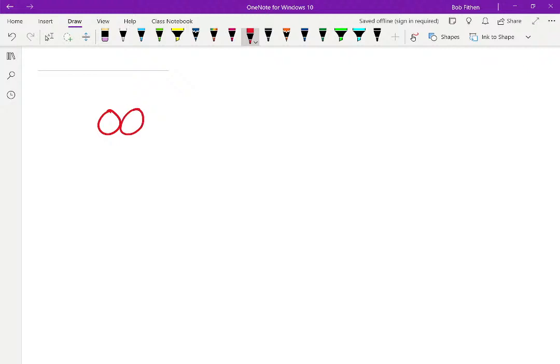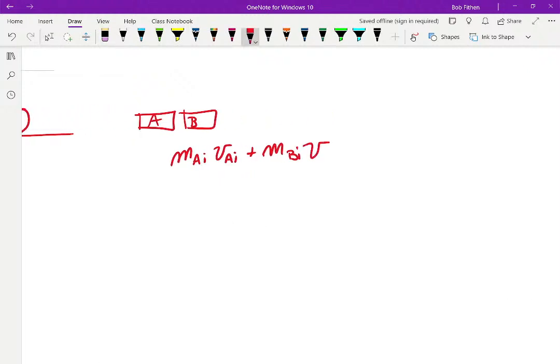We know that if we had two objects, two trains, whatever, hitting each other, where we have A and B, we know we have MA initial VA initial plus MB initial VB initial equals MA final VA final plus MB final VB final.